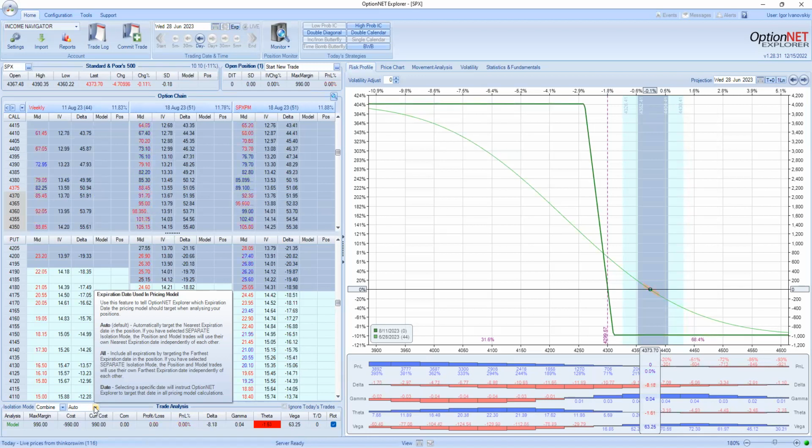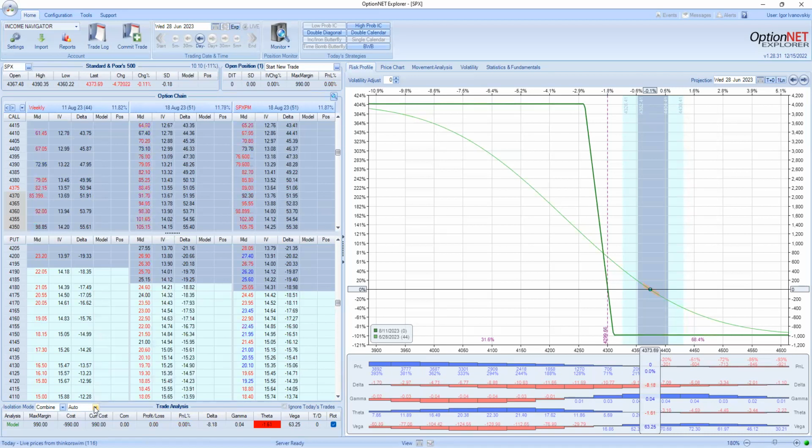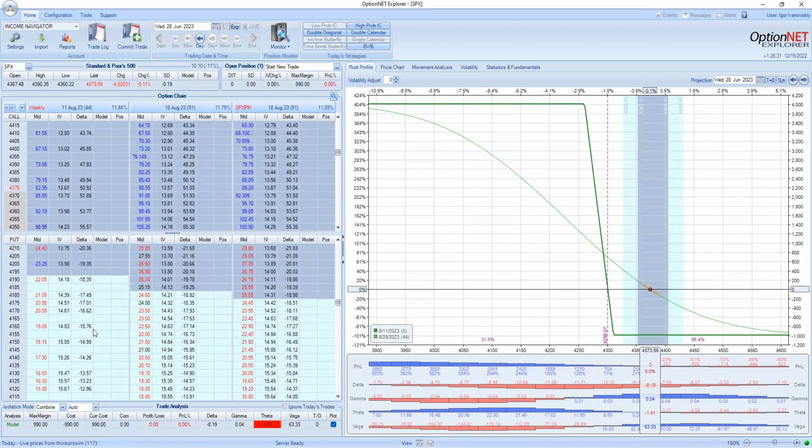I have a 50-point wide put debit spread, and then I'll have 2 50-point wide put credit spreads. Now, I've modeled this enough times to believe that that 50-point wide put credit spread for $5 is going to be somewhere around delta 15. So delta 15 right now is at 41.60.